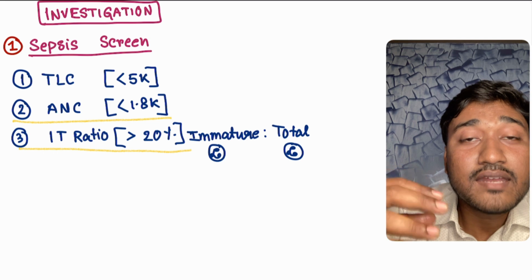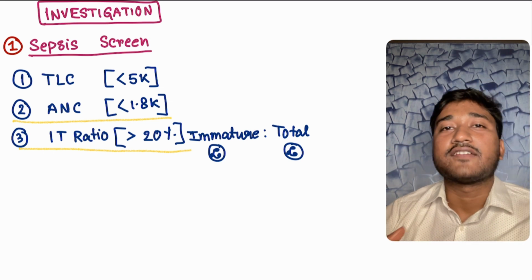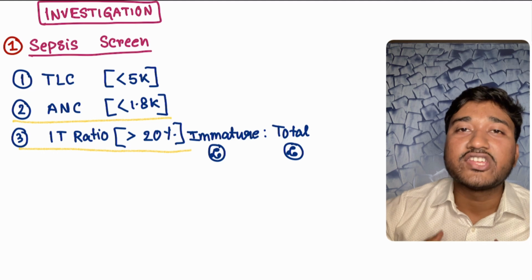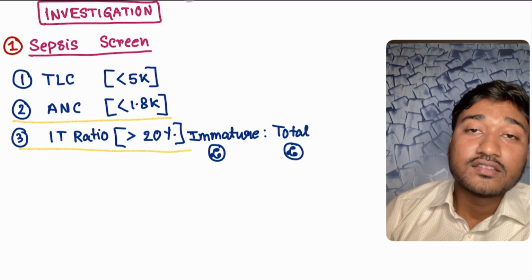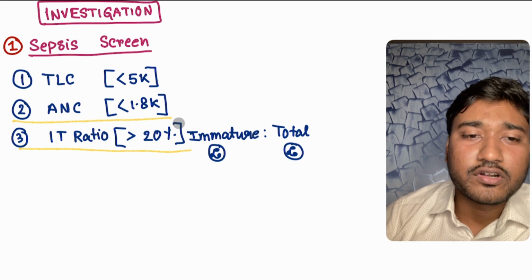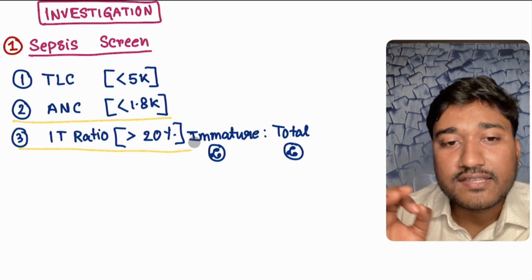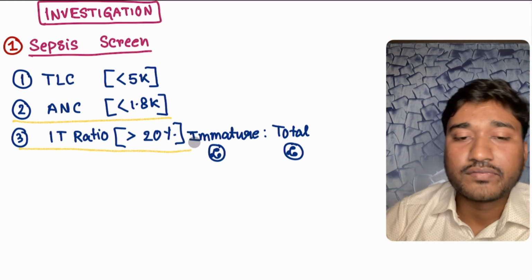Therefore, even before getting mature, the neutrophils are coming into the bloodstream, and therefore the immature neutrophils are increasing in number. So therefore the ratio is more than 20%. Remember this is very, very important. That is absolute neutrophil count as well as IT ratio, immature to total neutrophil ratio.